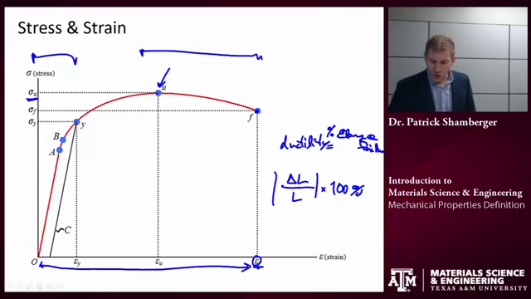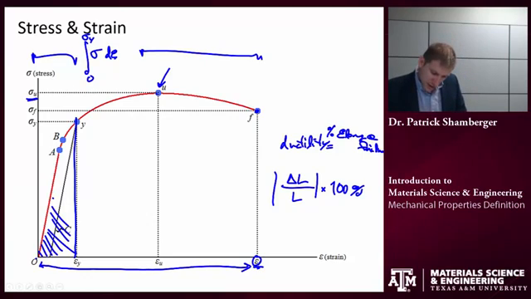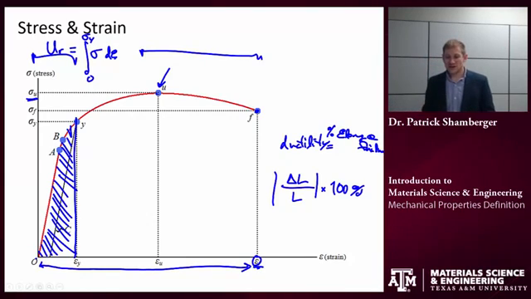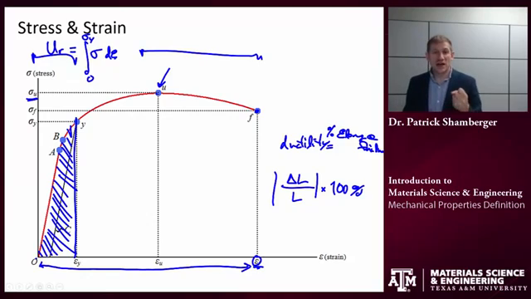So if I were to integrate stress d-strain from 0 to the yield point, I would get this area here, and this is usually called the modulus of resilience. And so this tells us how much energy can a material store elastically.